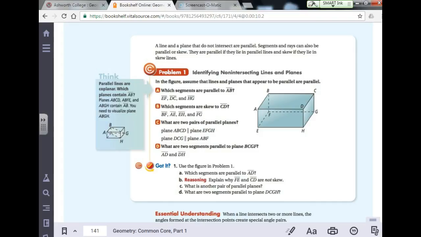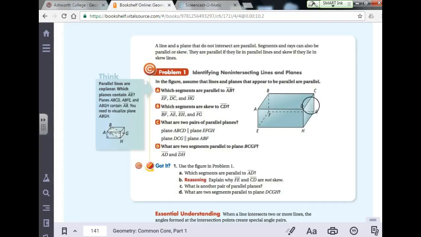C part. What are two pairs of parallel planes? Remember, a plane is a two-dimensional shape. We represent it almost like a rectangle, but the top and the bottom would represent planes that are parallel, because the top one's never going to cross the bottom one.